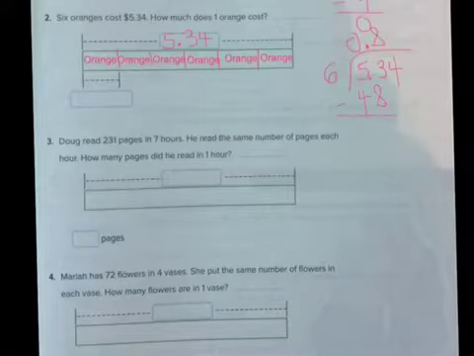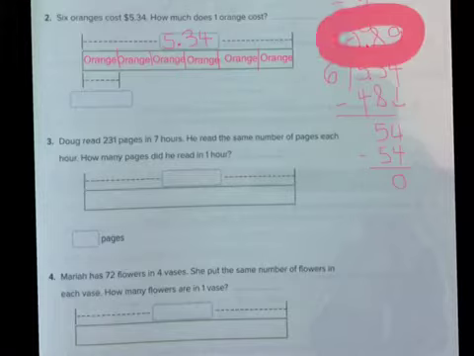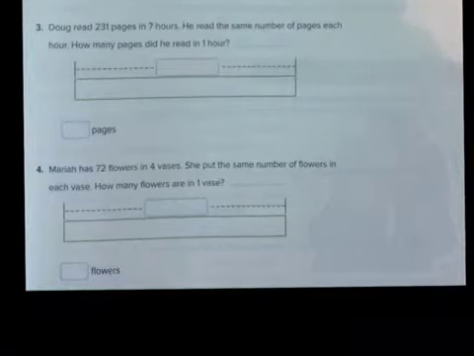When I subtract, I get 5. I bring down the 4. And 6 times 9 is 54. So here's our answer. Okay, there it is. 1 orange will be 89 cents.